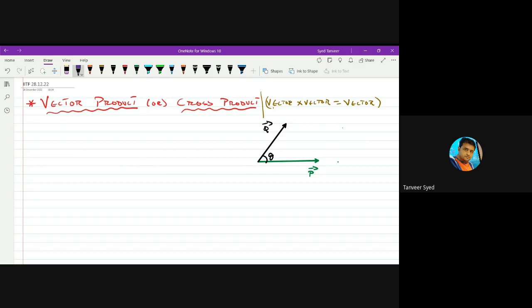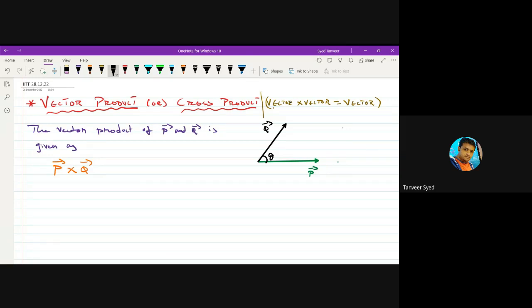Now, the vector product of P and Q is given as, first of all, how we represent it. It is represented as vector P cross vector Q. This is not our regular symbol of multiplication.